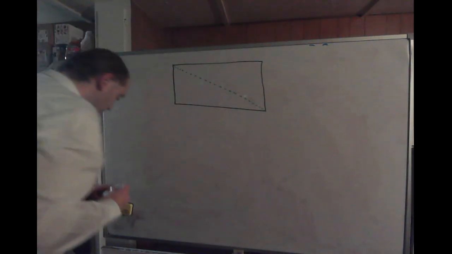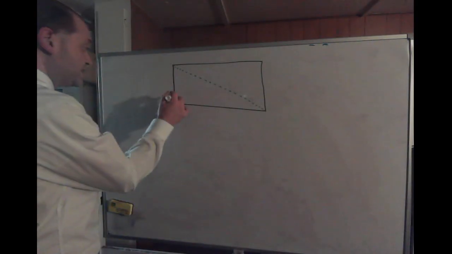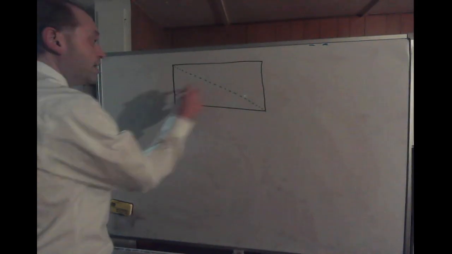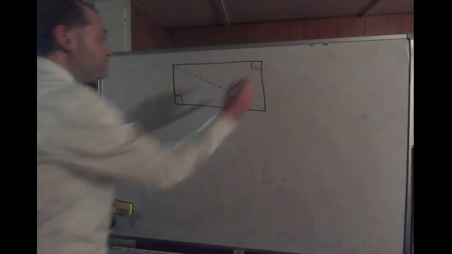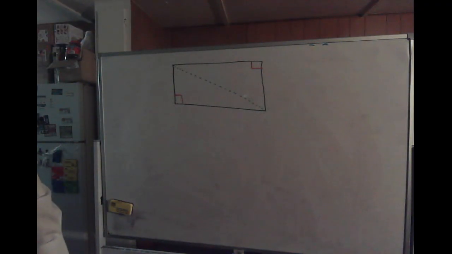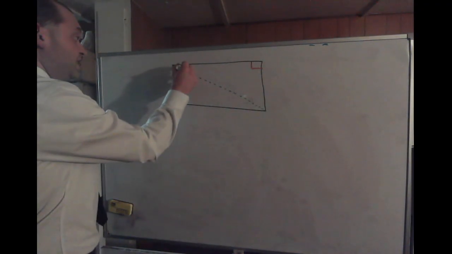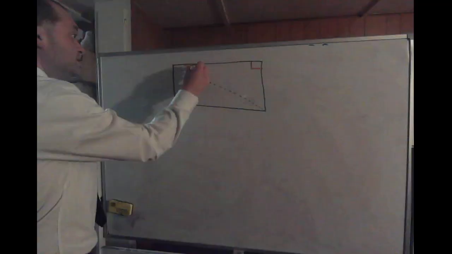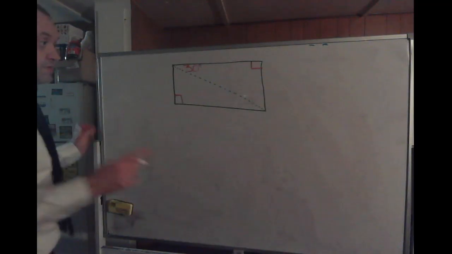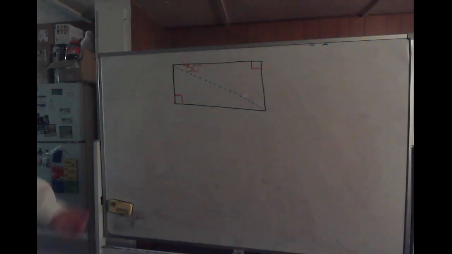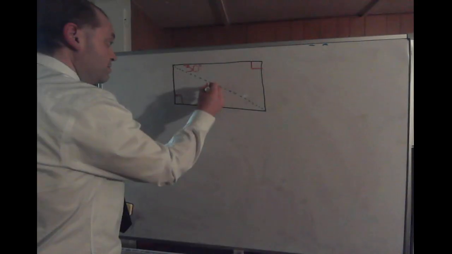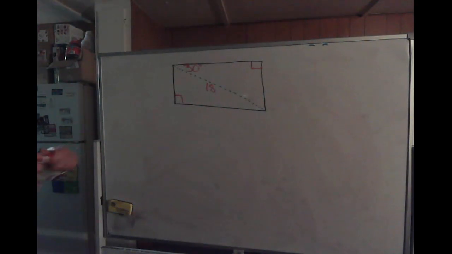All right, I'll even denote that these are rectangles again by putting the right angle symbols. What else do they give us? They give us that this angle here is 30 degrees. They also give us that the length of the hypotenuse is 18. We need to find both what? The base and the height.